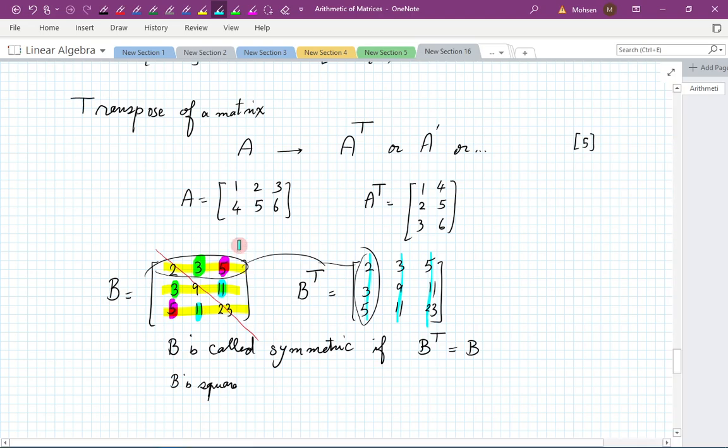So for example, this is the entry of B seated at row 2 column 3. How about this one? This is row 3 column 2. So these two have to be the same so that when you exchange them, it makes no difference to your matrix. And that's not only for 2 and 3, but any pair has to be true.